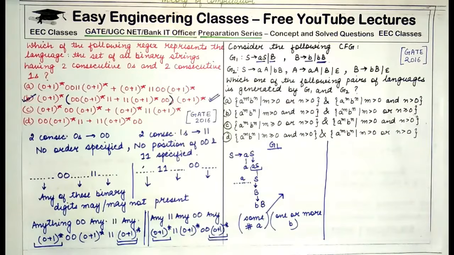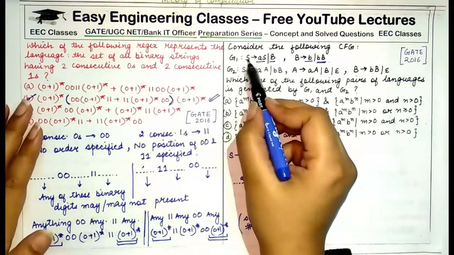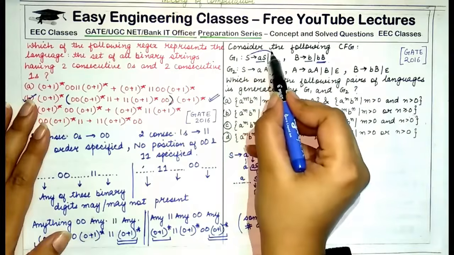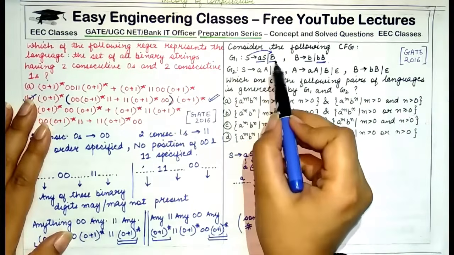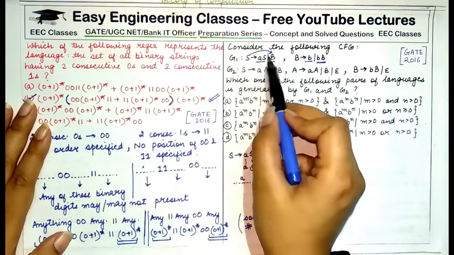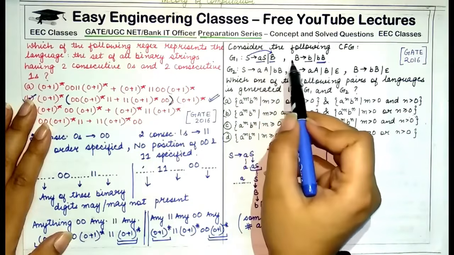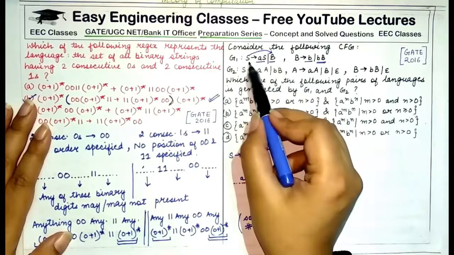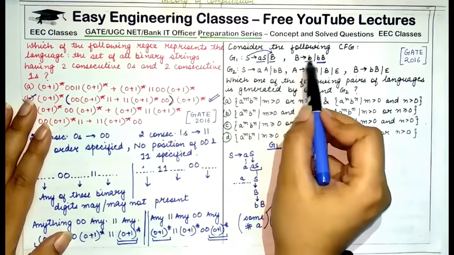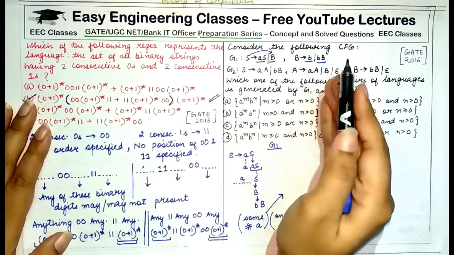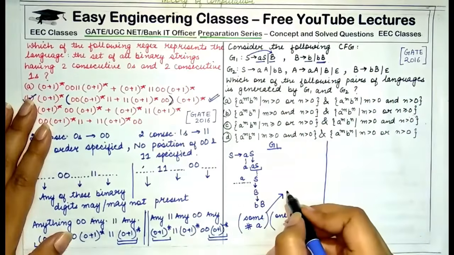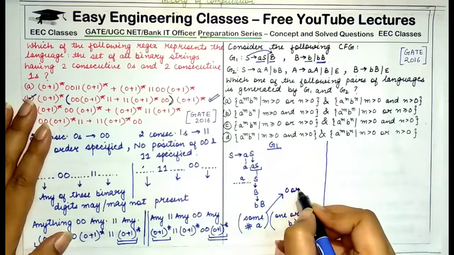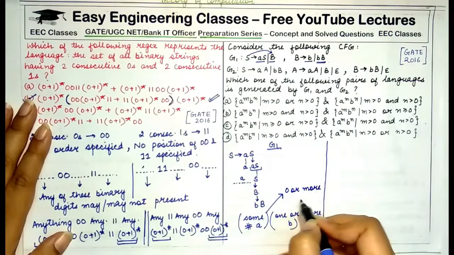Because from G1, the starting symbol of G1, you can directly jump to the second production using S goes to B. So in that case, you can skip all the A's and generate strings of the form b raised to power n, that is one or more b. So some number of A's means zero or more A's.